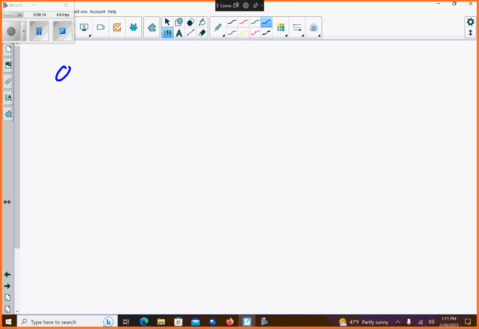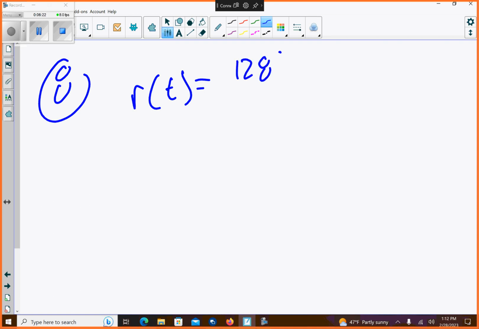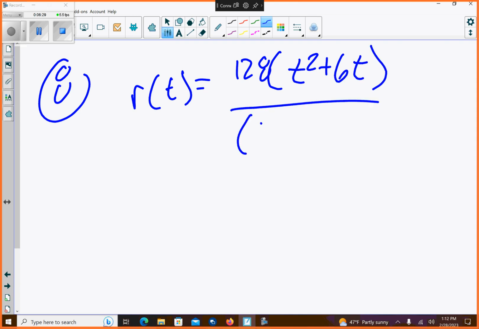Okay, so number 8. So we have r at t is equal to 128 t squared plus 6t over t squared plus 6t plus 18 squared.